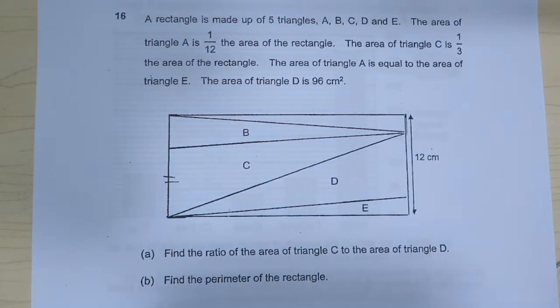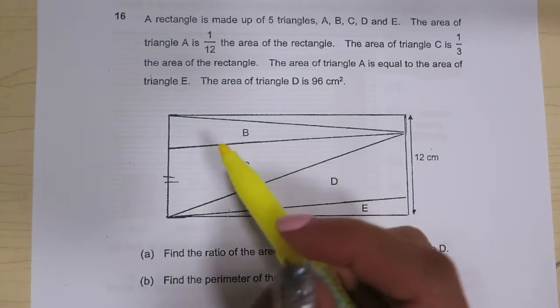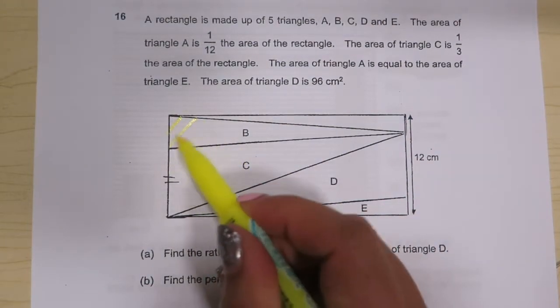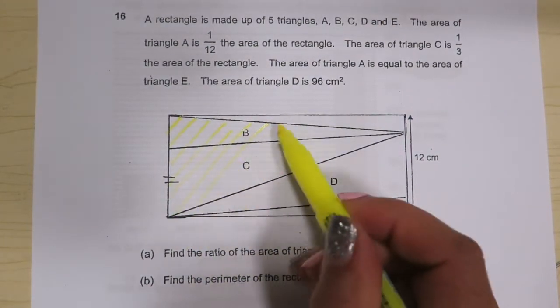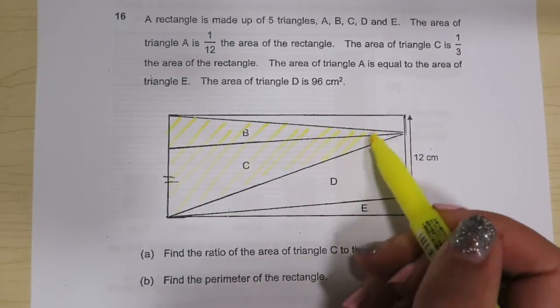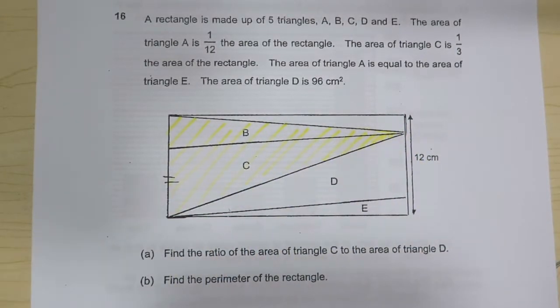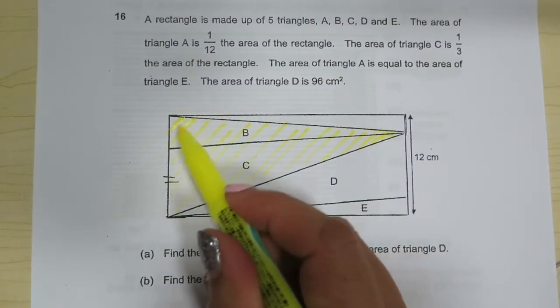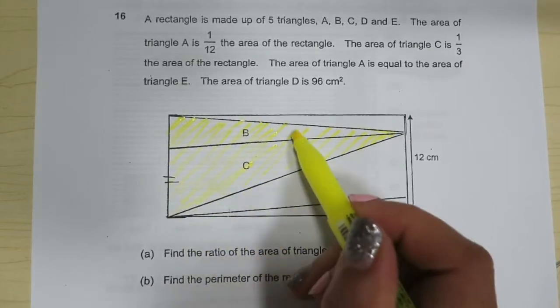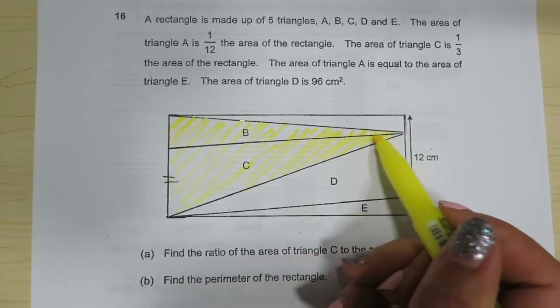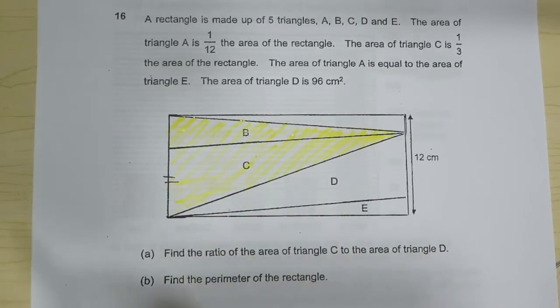Okay, for question 16, there is one piece of crucial information that we need to know. You need to know that BC makes up half of the figure. Why?